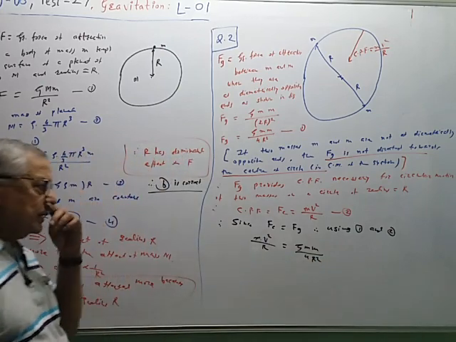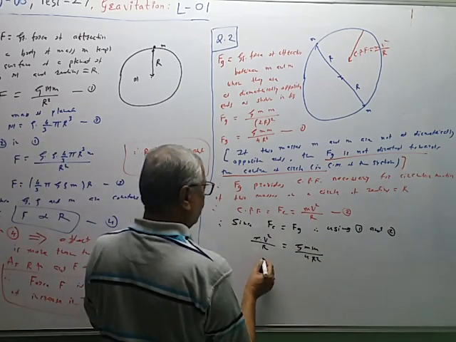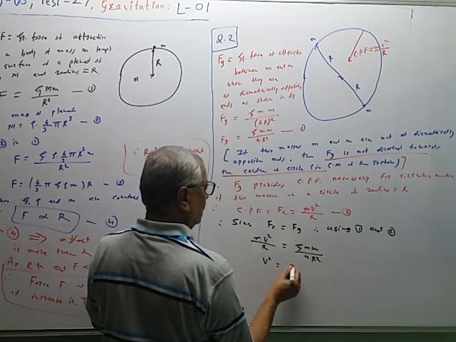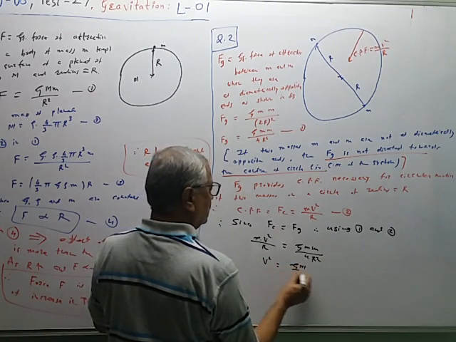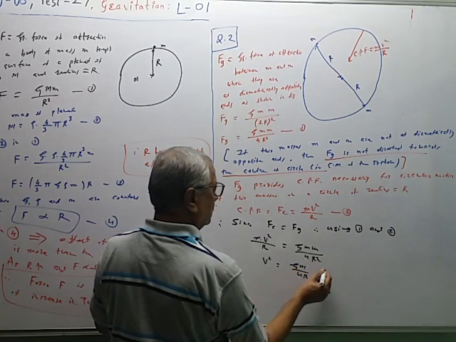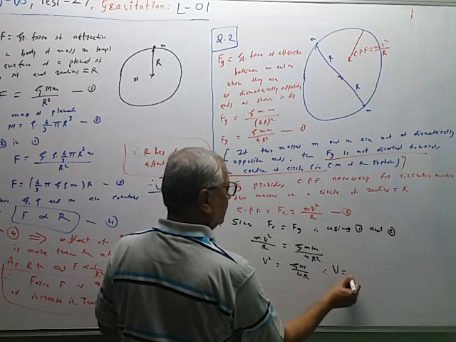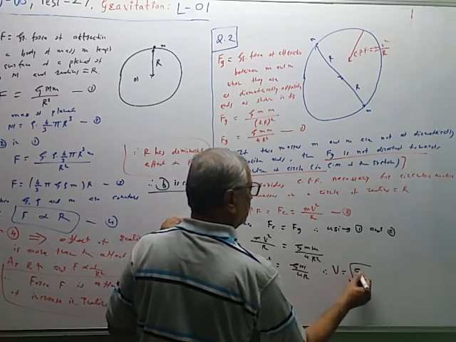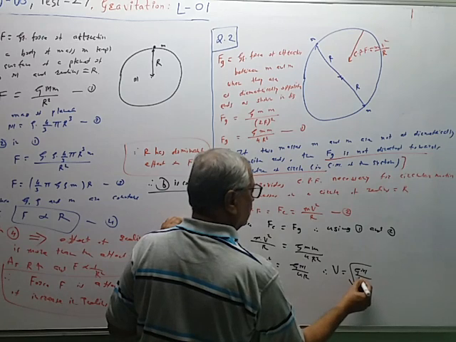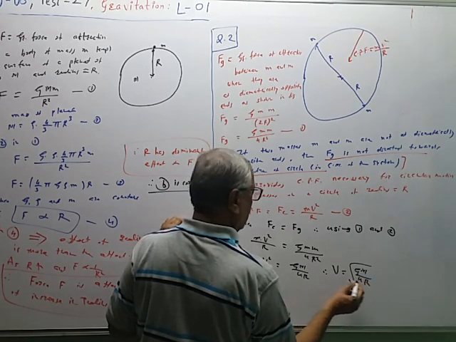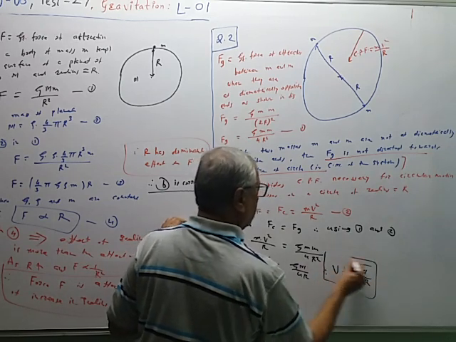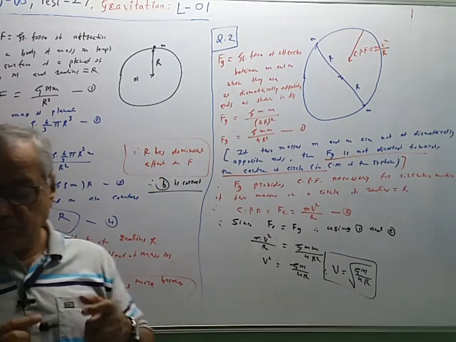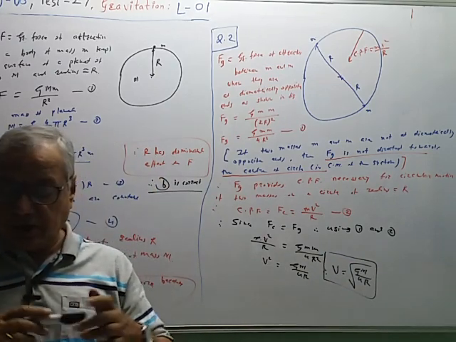So 1 m will get cancelled, 1 r will get cancelled, therefore v square is equal to G m upon 4r, and therefore v is equal to under root G m upon 4 times r.